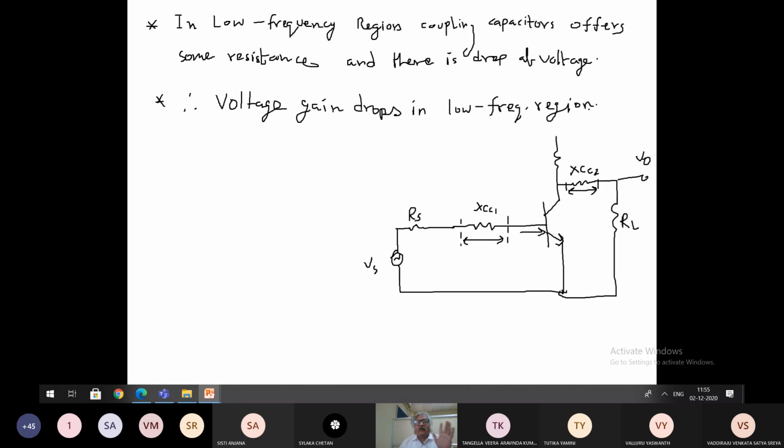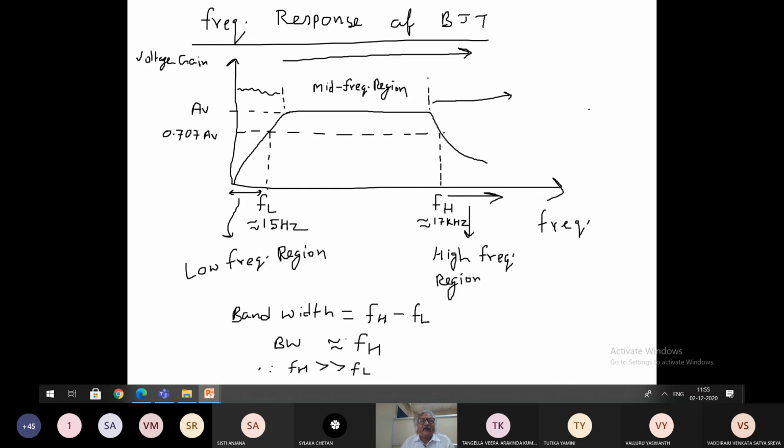Yes, sir. So in the low frequency region, whatever drop you are seeing here is due to the coupling capacitors. Why? Because at the lower frequency, the coupling capacitors will offer some reactance, and due to that there is a drop of voltage across those capacitors, and it will affect the voltage gain.